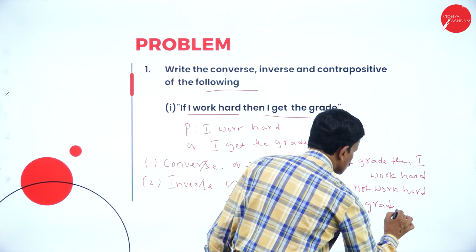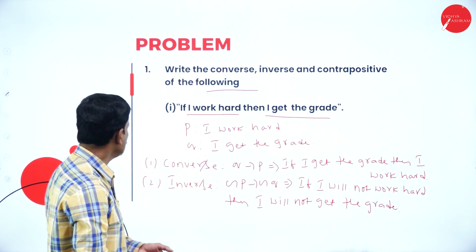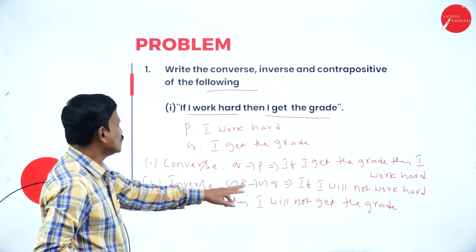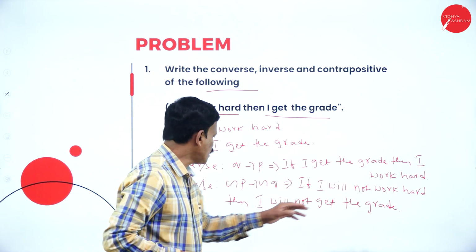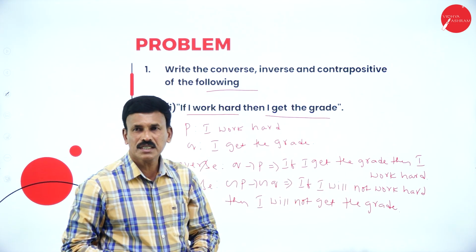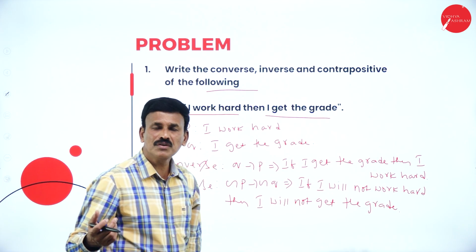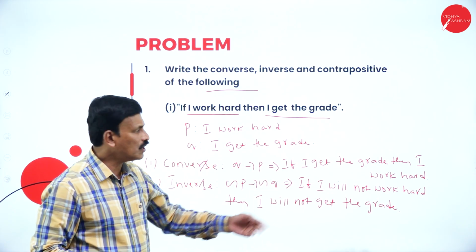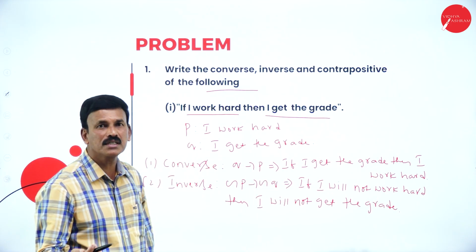That's all. So the inverse of this is if I will not work hard, then I will not get the grade. You can also use if I do not work hard, then I do not get the grade.